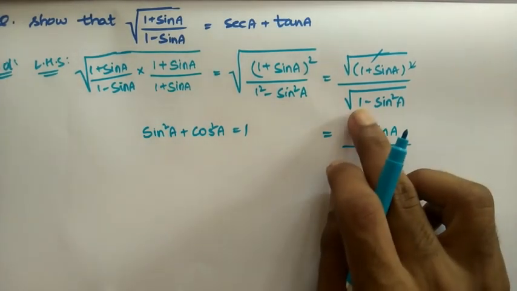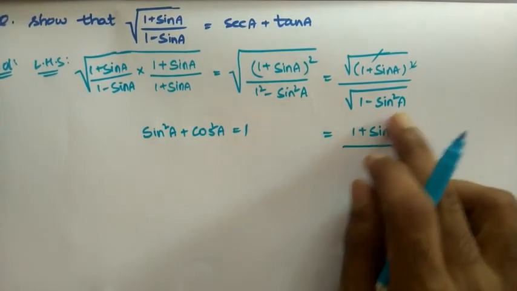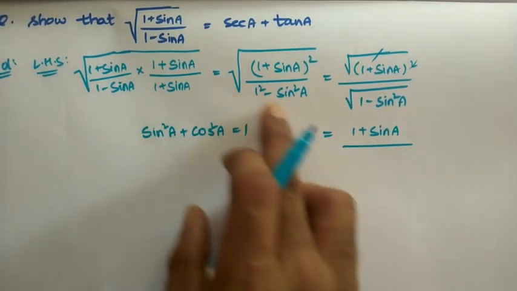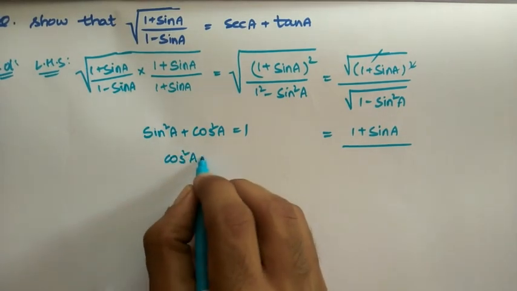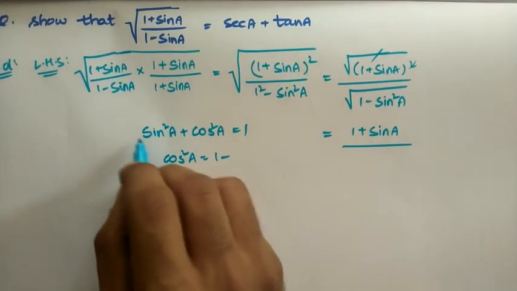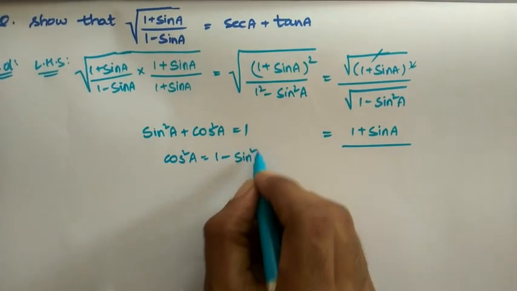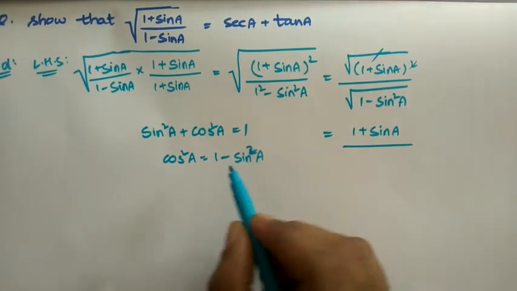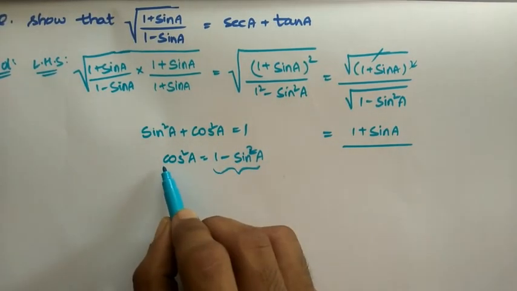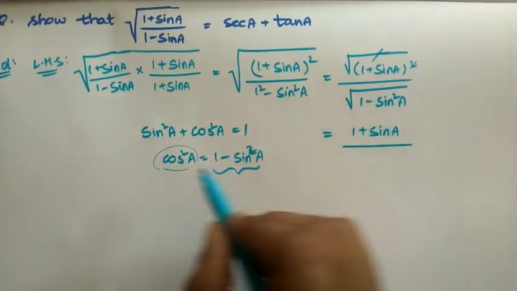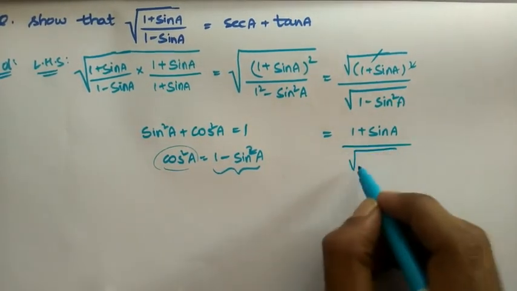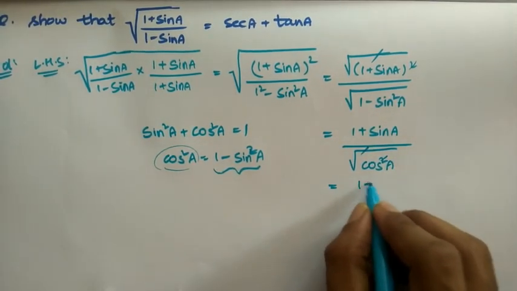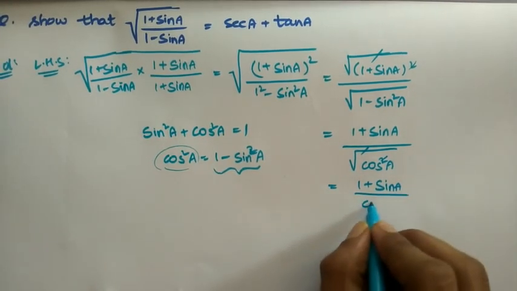What we need is 1 minus sin square A. Sending plus sin square A to the right hand side, cos square A is equal to 1 minus sin square A. So we can replace 1 minus sin square A with cos square A. So it will be root over cos square A. The square and root get cancelled out, so it will be 1 plus sin A by cos A.